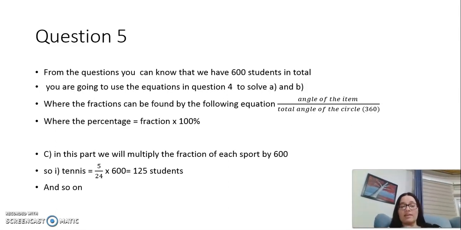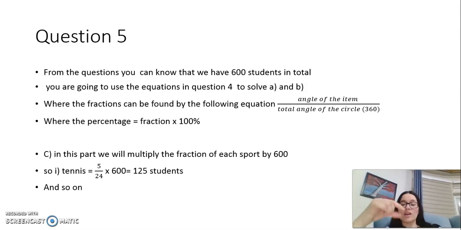Let me take the tennis as an example. First of all, we are going to find this fraction of the tennis in the simplest form. Then we are going to time it by the total number of the students we have. So if we solve the tennis fraction, we are going to find it 5 out of 24.